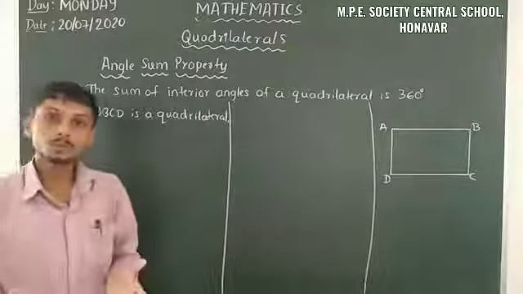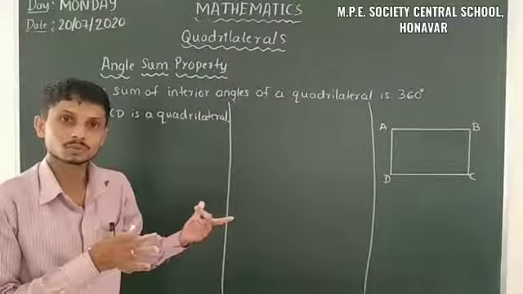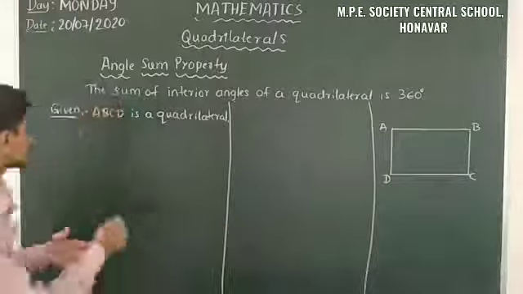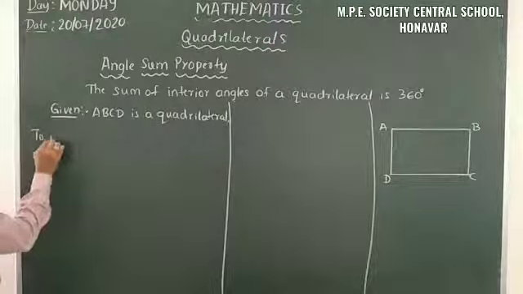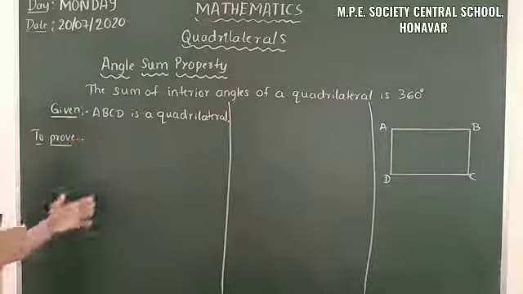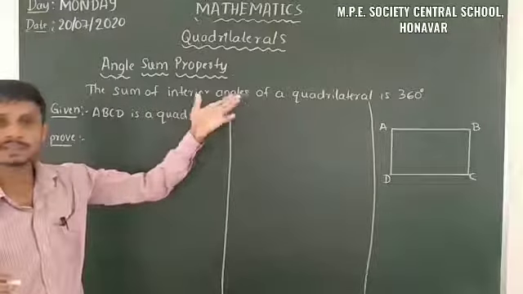Then what are we going to prove here? Secondly, we write what we have to prove. We have to prove that the sum of the interior angles of a quadrilateral is 360 degrees.